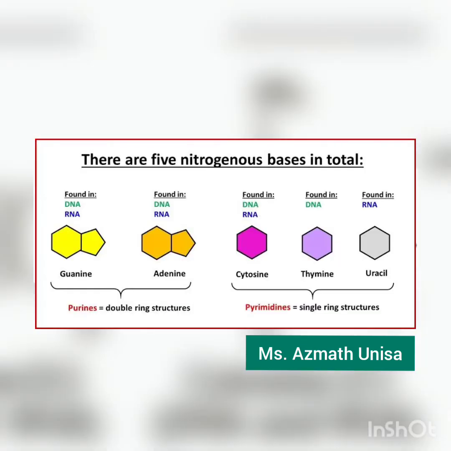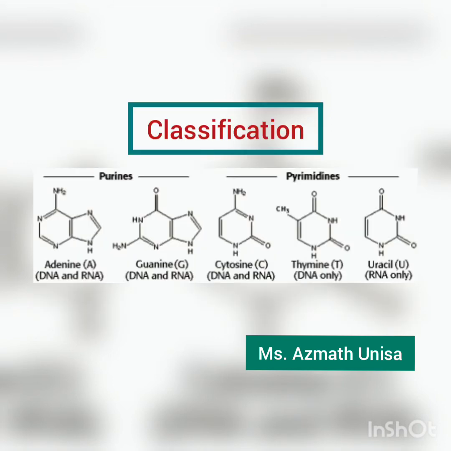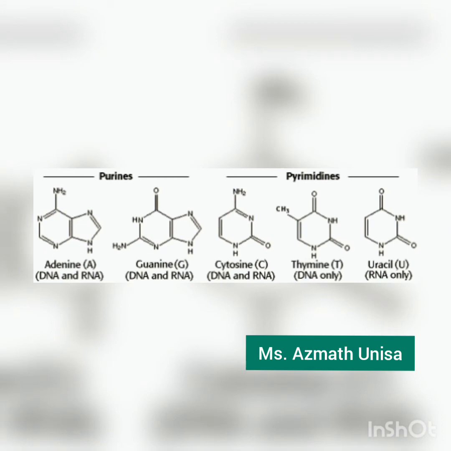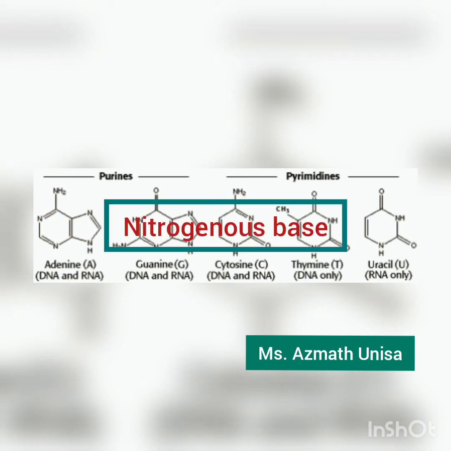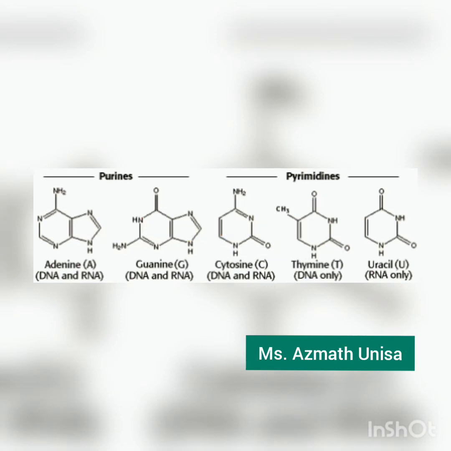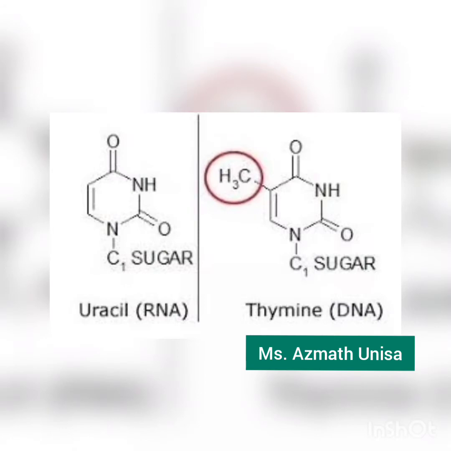When you see the classification of nucleotides, the fundamental nucleotides are divided into purines and pyrimidines, based on the structure of the nitrogenous base. The purine bases include adenine and guanine, while the pyrimidine bases are thymine, cytosine and uracil. In RNA, thymine is replaced by uracil, and thymine is produced by adding a methyl group to uracil.